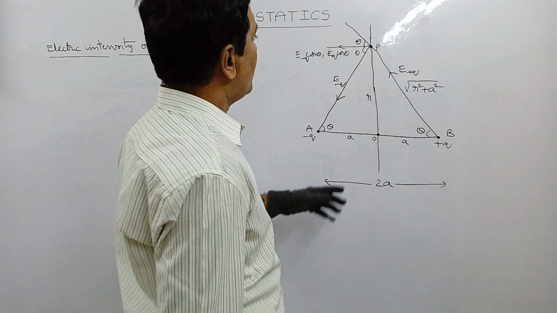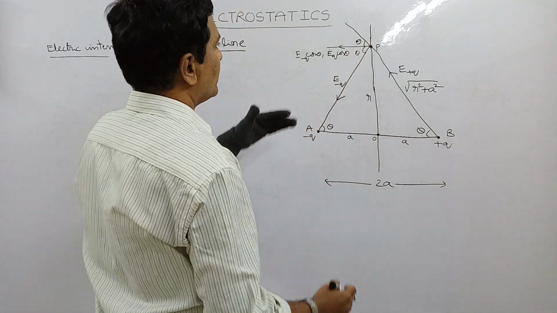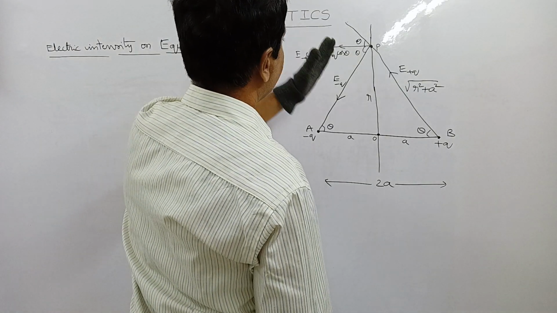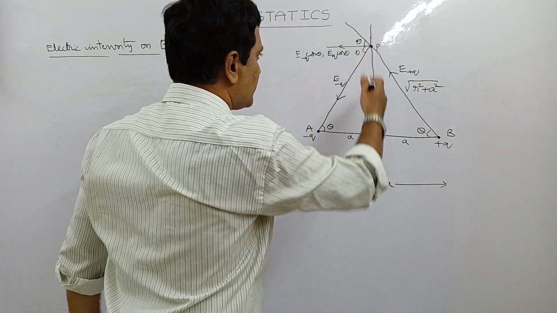The other component of E minus Q is E minus Q sin theta.